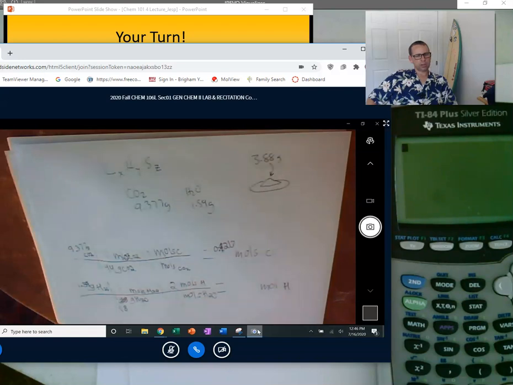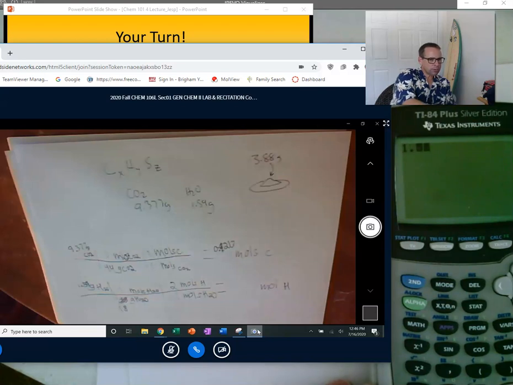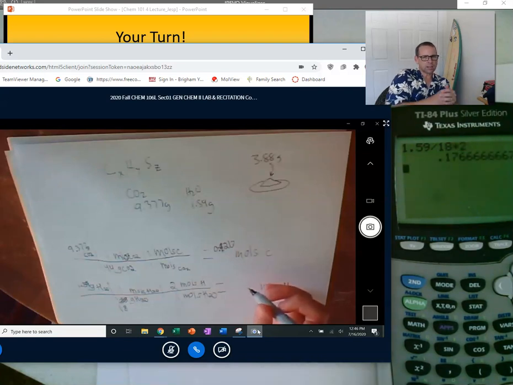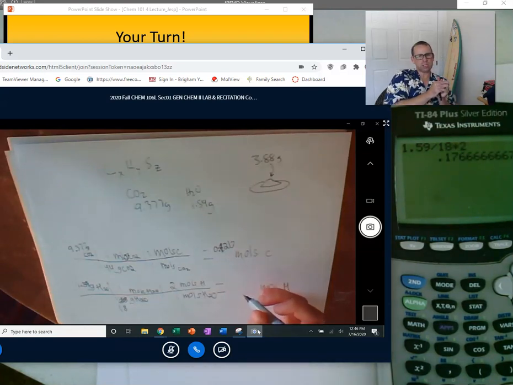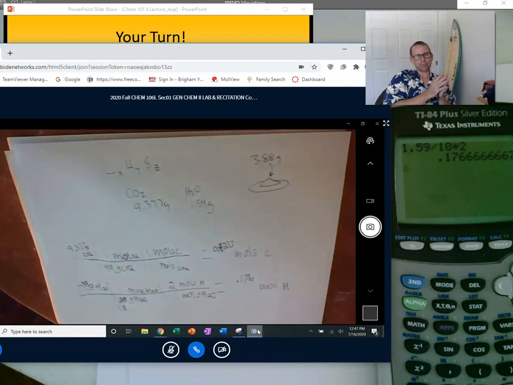Very good. 2 moles of hydrogen for every mole of water. I'll do the calculator again. 1.59 divided by the 18 times 2, that is 0.176. Very good.